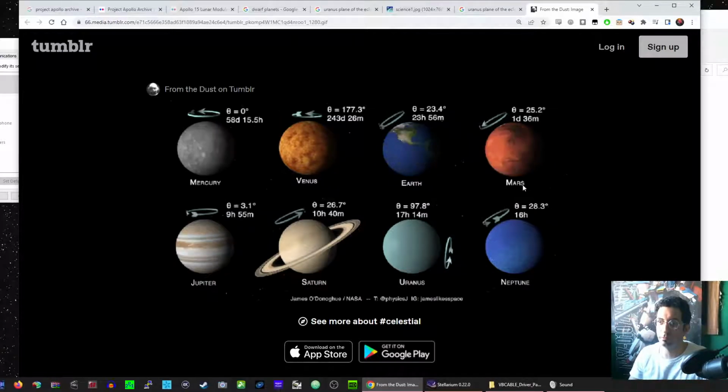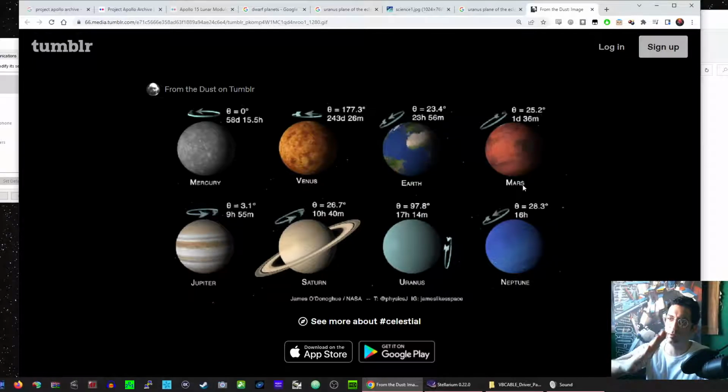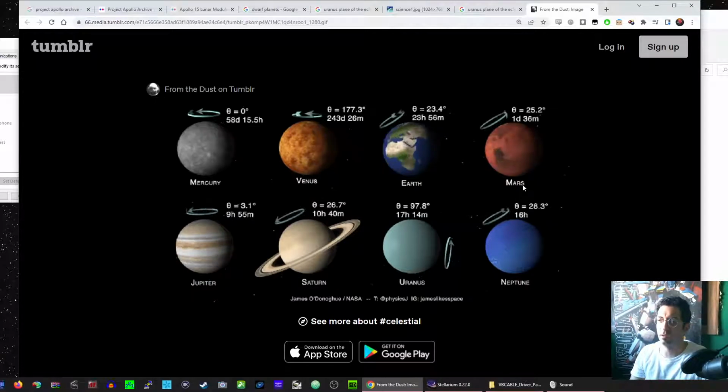We're all tilted on a certain axis, or our tilt is of a certain amount of degrees, and Uranus's axis is close to 90 degrees basically, which is just insanity. Our tilt pretty much is the major contributing factor as to why we have seasons. And interestingly enough, Mars pretty much has similar seasonal lengths.